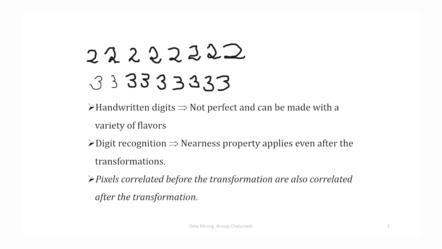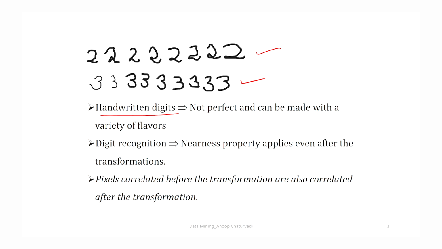Now, suppose we consider these handwritten digits. This is your 2 and this is 3, and obviously these handwritten digits are not perfect, in the sense that different people write these digits with different flavors or in different manners.